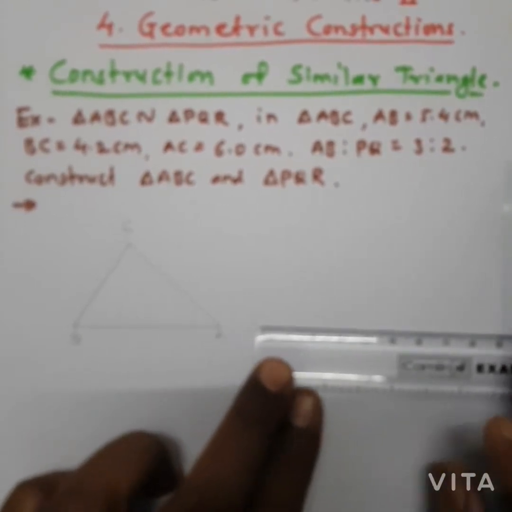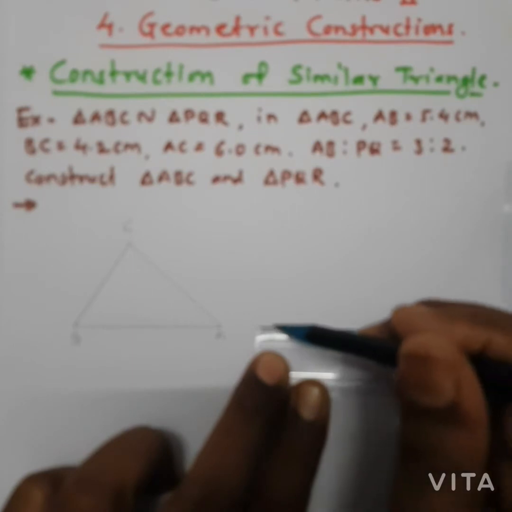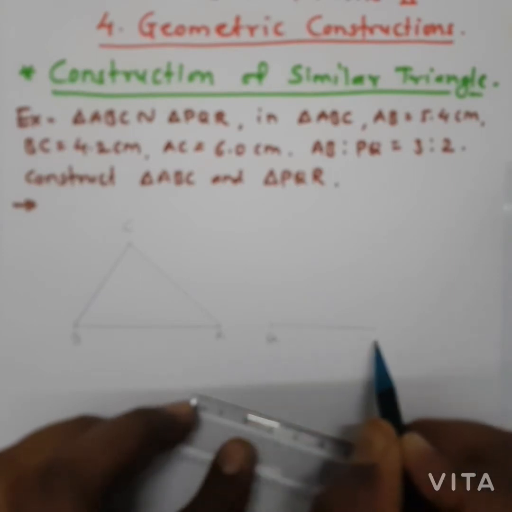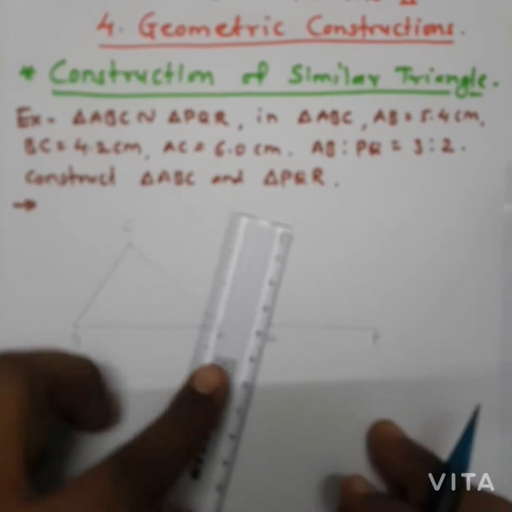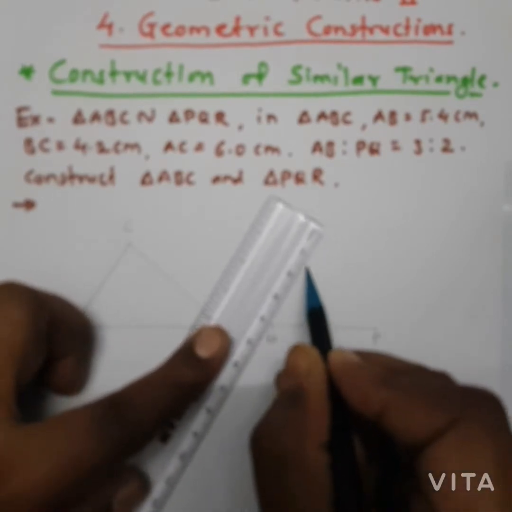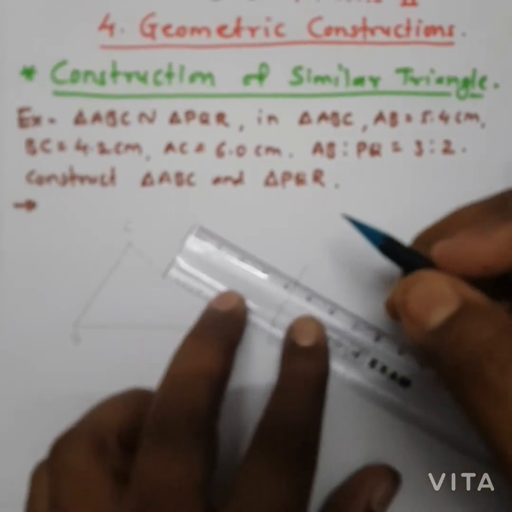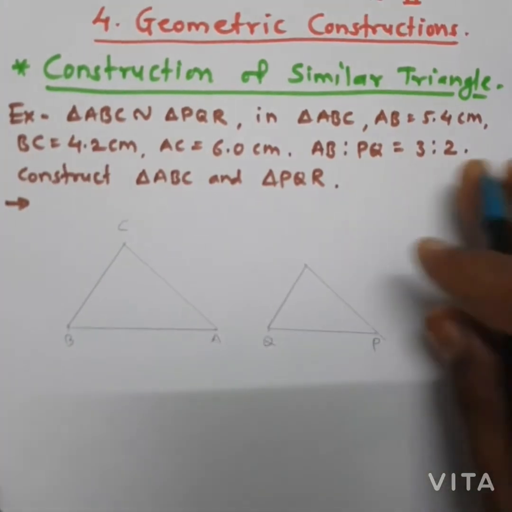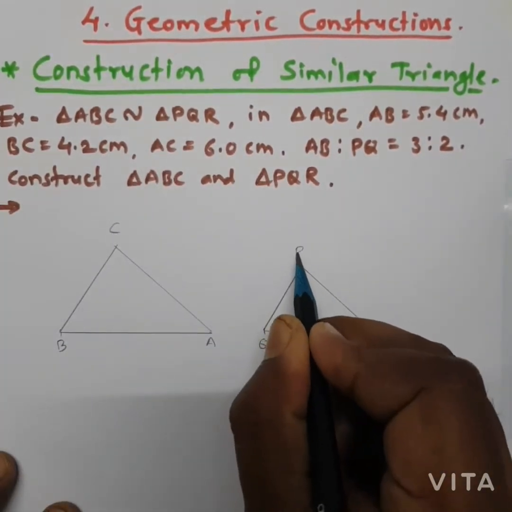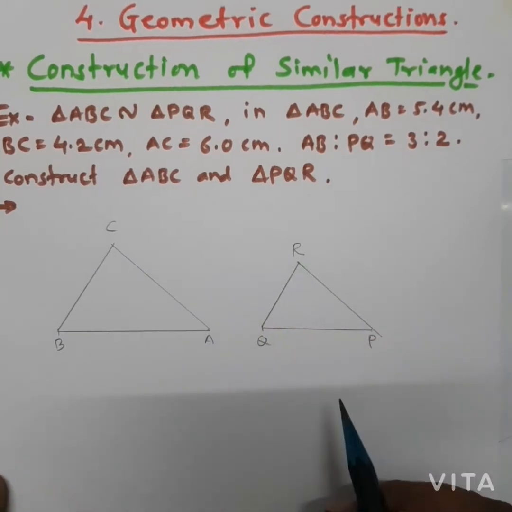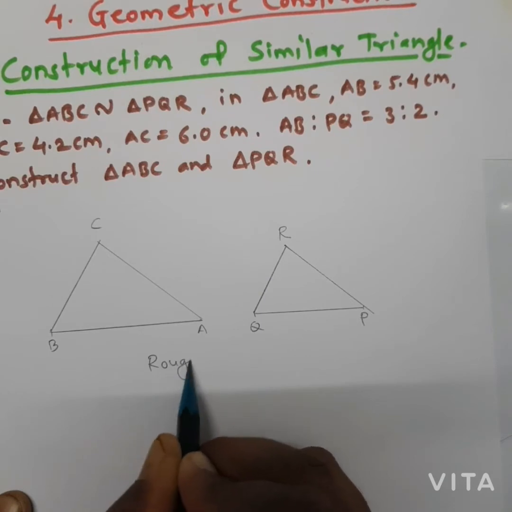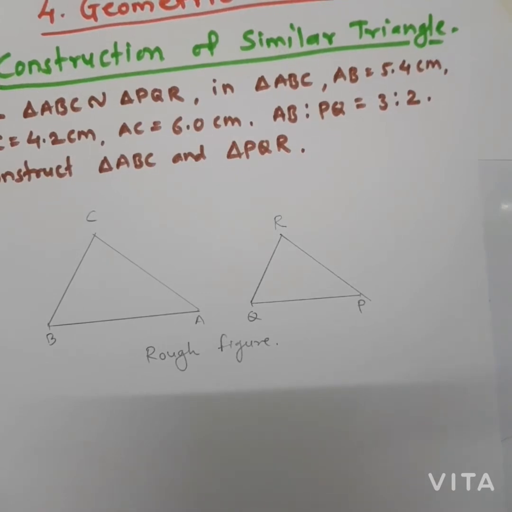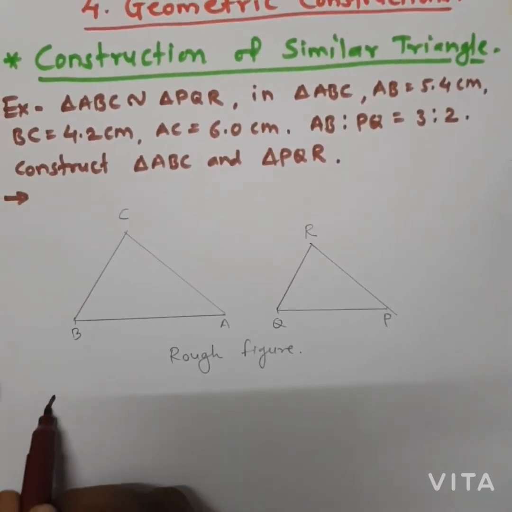We will draw first the corresponding side PQ of AB. Then QR and PR. It is a rough figure.